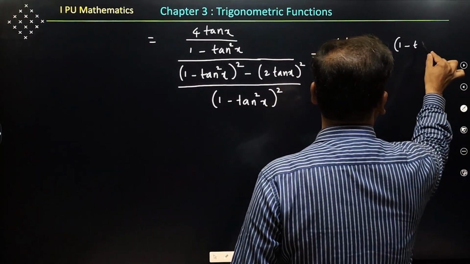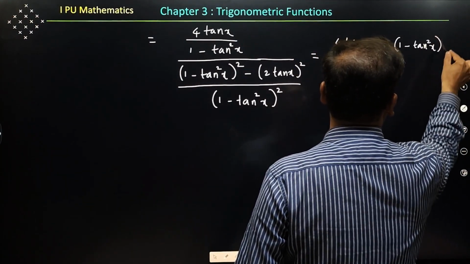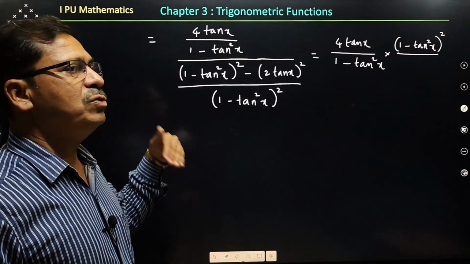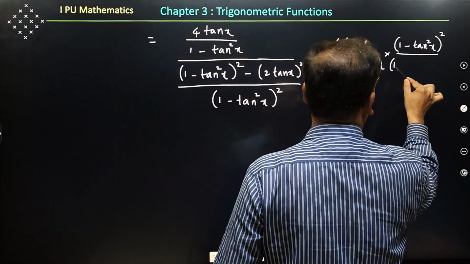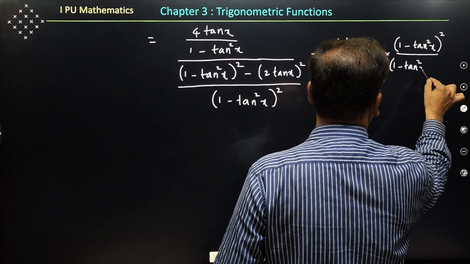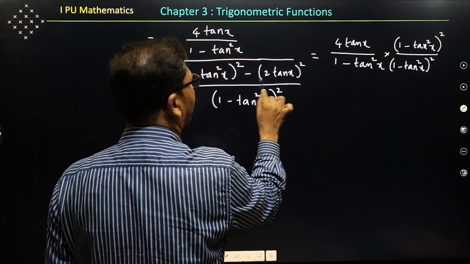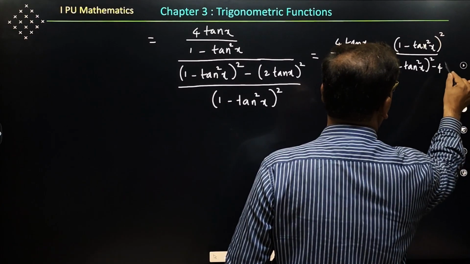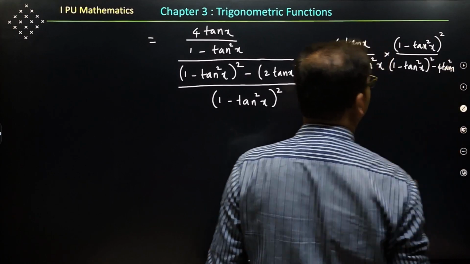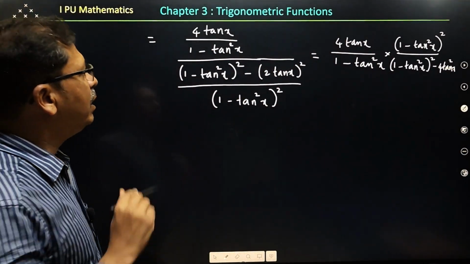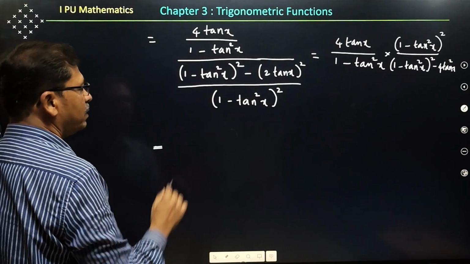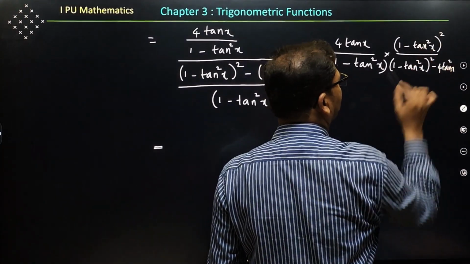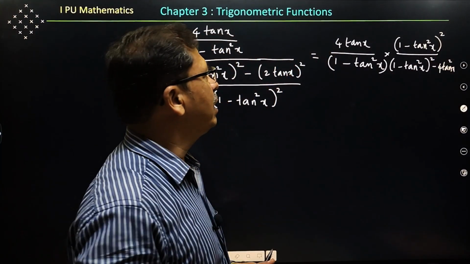This is (1 minus tan square x) to the power 2, divided by (1 minus tan square x) to the power 2, minus 4 tan square x. Let us simplify this. One term and two terms are there, one of the terms you can cancel.